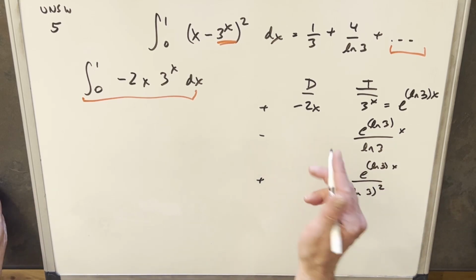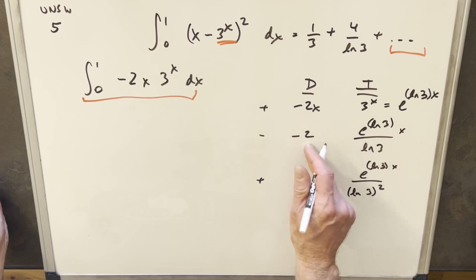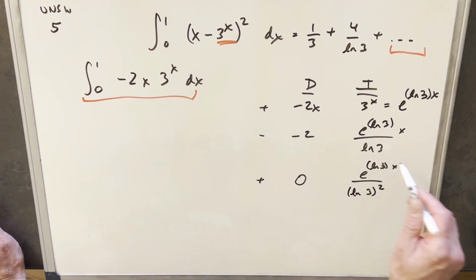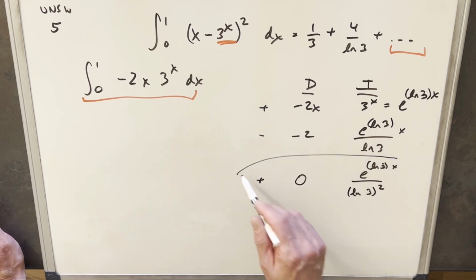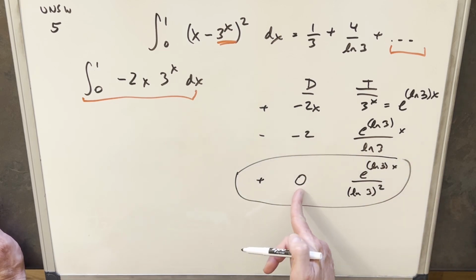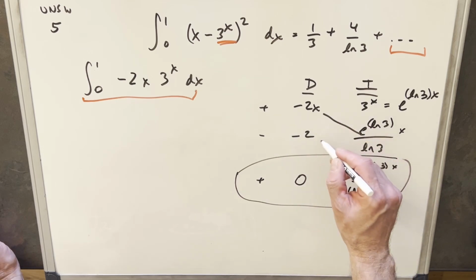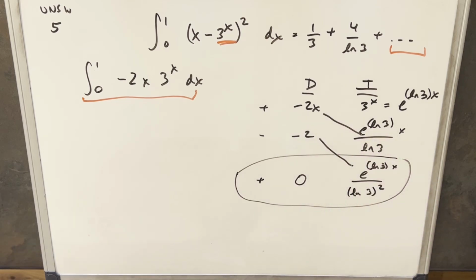Now taking the derivative of minus 2x, we get just minus 2. The derivative of minus 2 is 0. Normally the last row is an integral, but because we have a 0, we're integrating 0, so we're not worried about that. We're just worried about taking our solution on the diagonals.